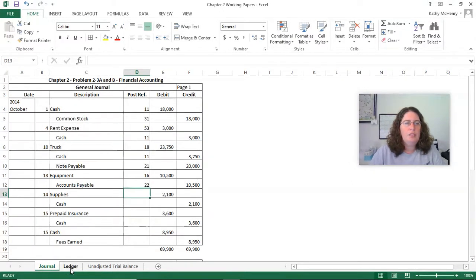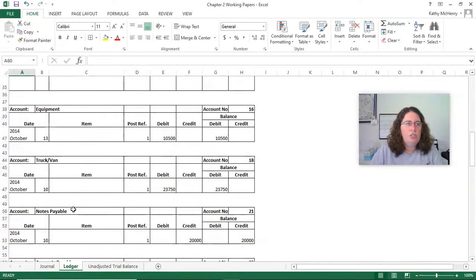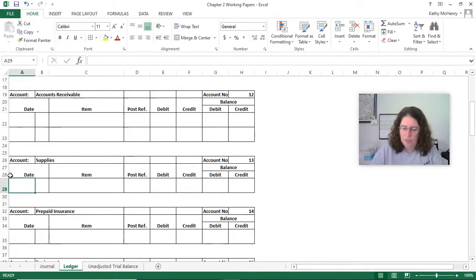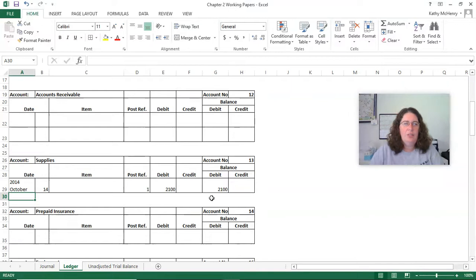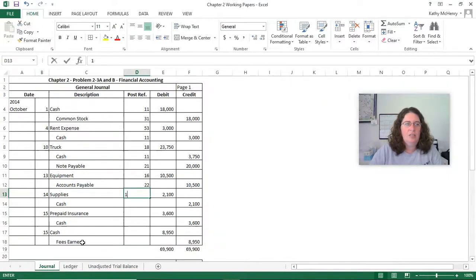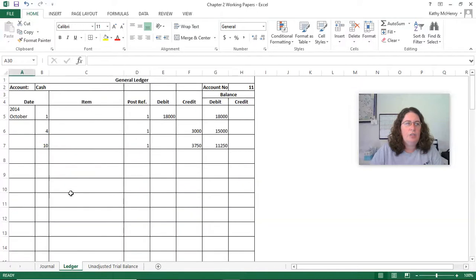On the 14th, supplies, 2,100. Debit of 2,100. Okay. Account number 13. On the 14th, a credit to cash of 2,100. Oh my goodness. There we go.